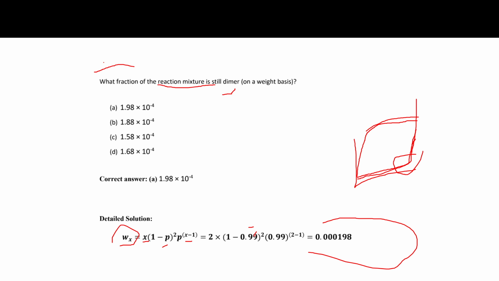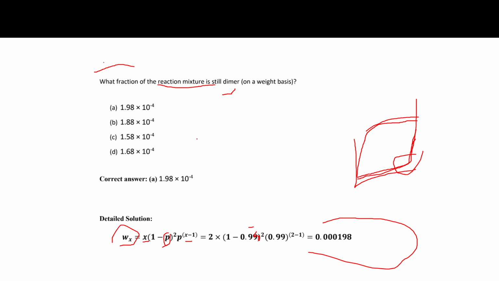If you send a mail to the professor or someone asking what the right answer is, they don't reply; they just say they will consider it. The main thing here is the conversion given.